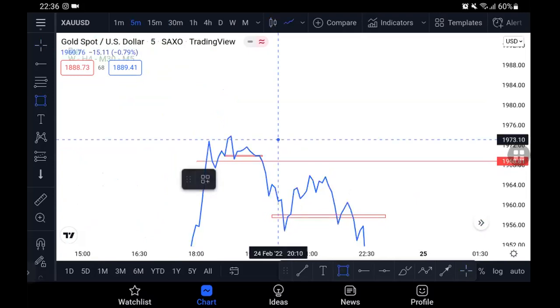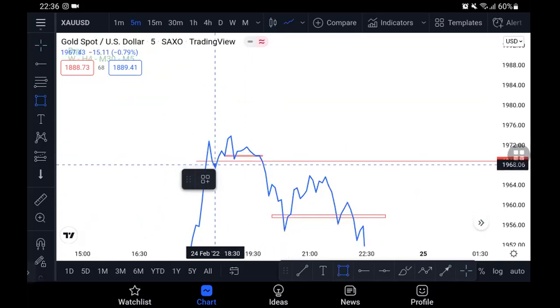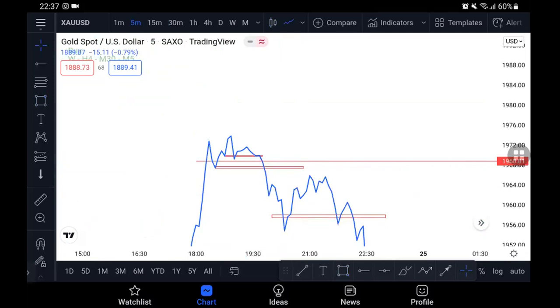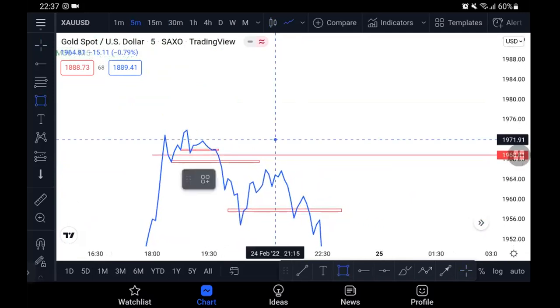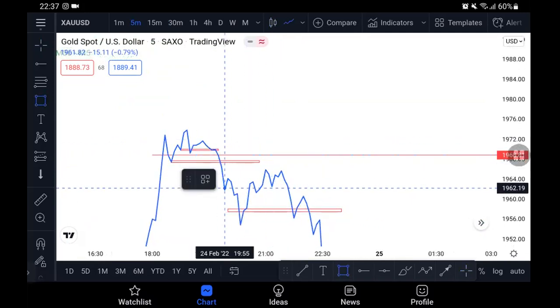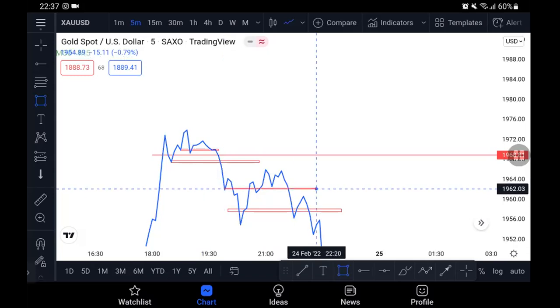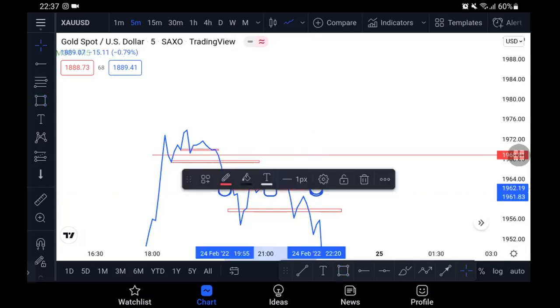So if you guys are wondering how they get their entry, you just mark the breakout and then you wait when the price comes back.